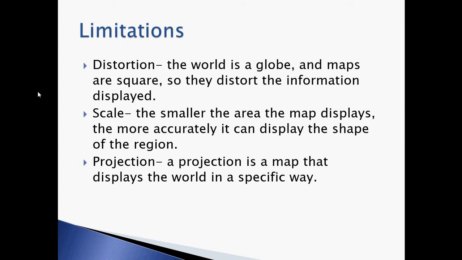But if you take a smaller amount of that and then you flatten it and then you zoom in, it's going to be less distorted because it's a smaller region of the original object. Maps sort of work the same way. The smaller an area you're looking at, the more accurately it can be conveyed.